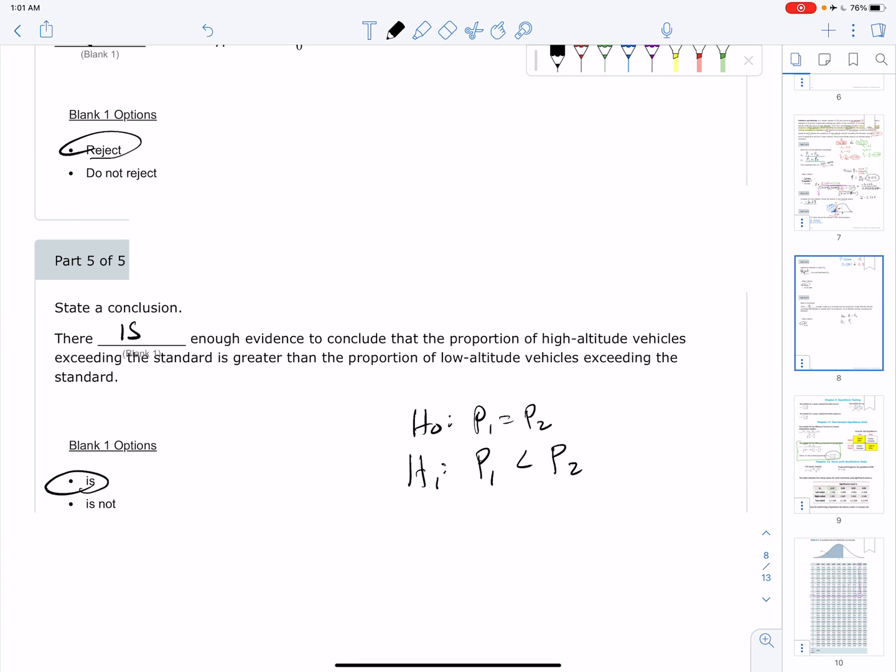If we use the language that they used, we have to change it around just like we did at the beginning. This part's a little bit annoying. Remember, P1 was the low altitude cars, and P2 was the high altitude.